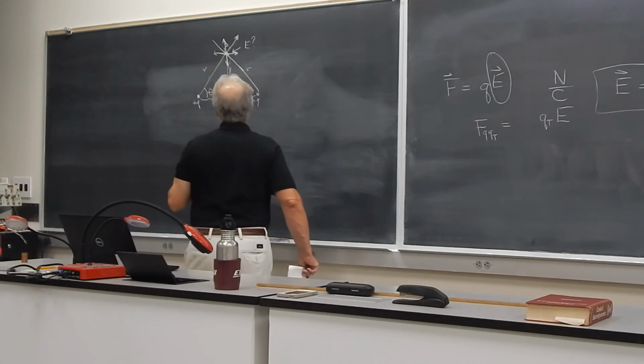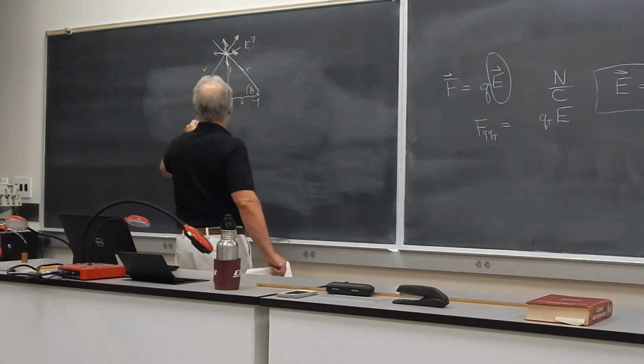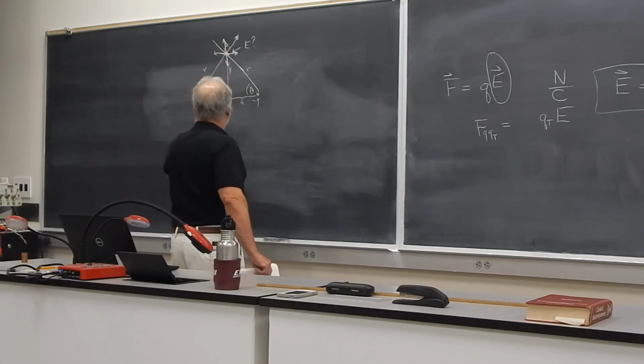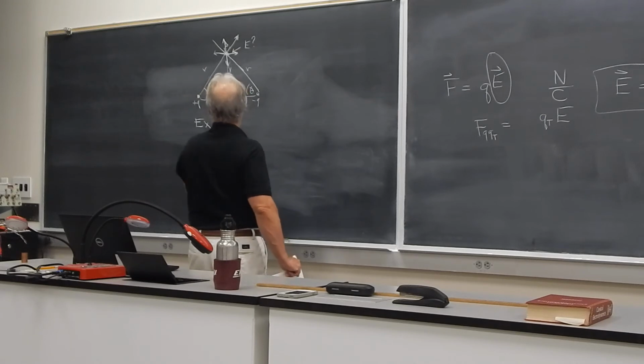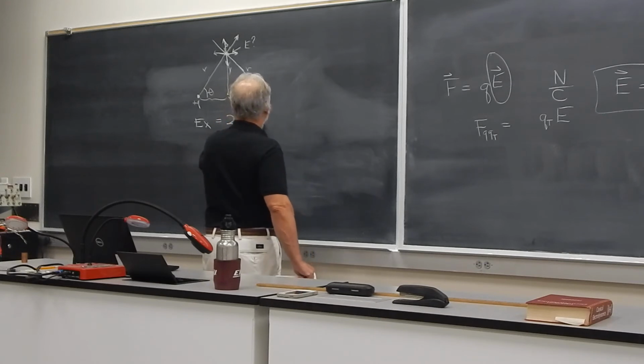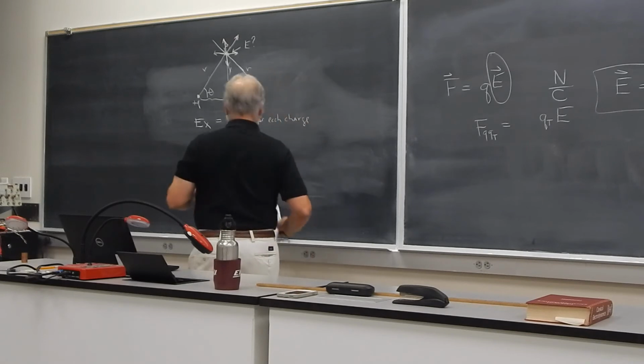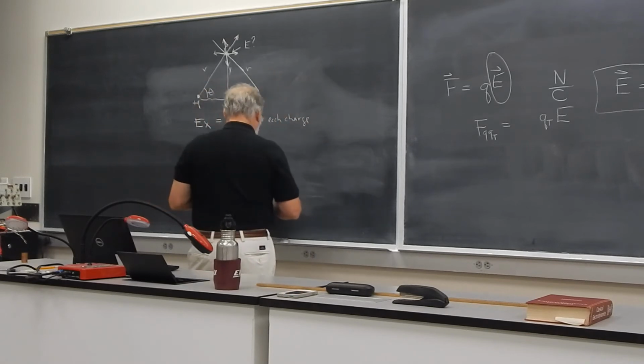So all I have to worry about is the fact that I have reinforcement in the x direction. So my Ex component is going to be twice the Ex for each charge. Makes it much simpler, and I can do the following.